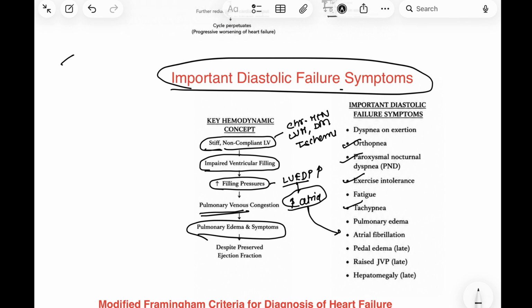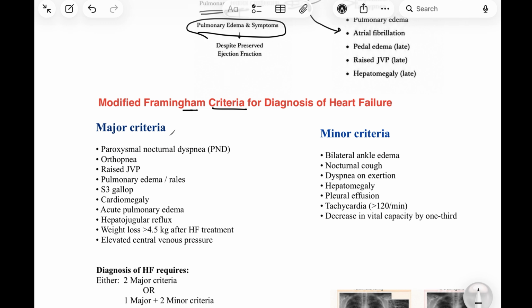Now you must have a question: how to diagnose this heart failure? The diagnosis of heart failure is totally clinical, but there is a criteria, the modified Framingham criteria, to diagnose heart failure. This includes the major criteria and the minor criteria. Now I don't think the examiner will ask you about the individual symptoms from this major and minor criteria.